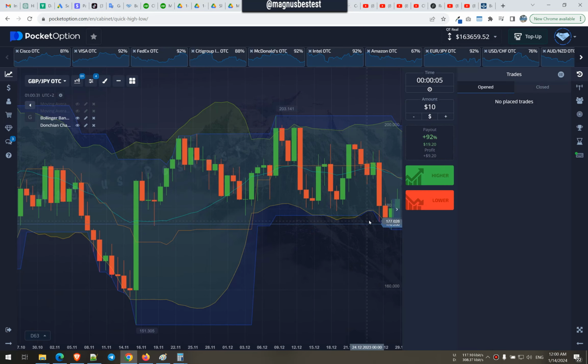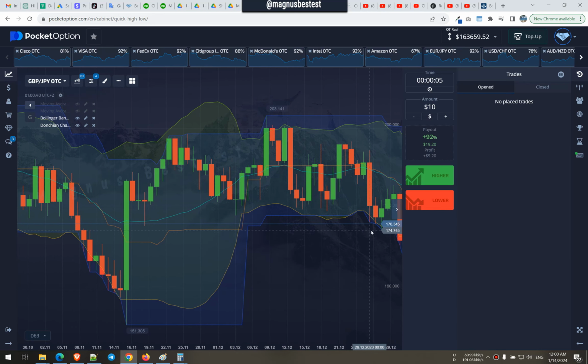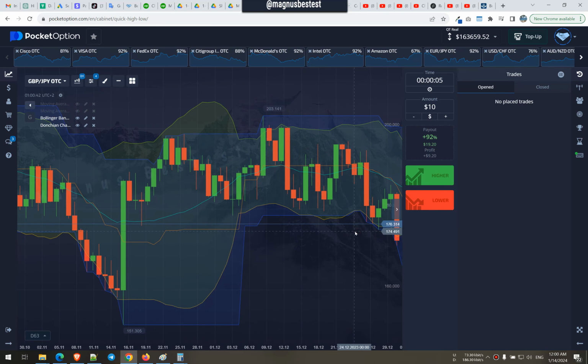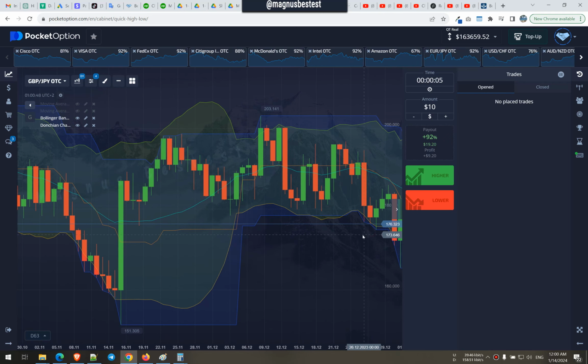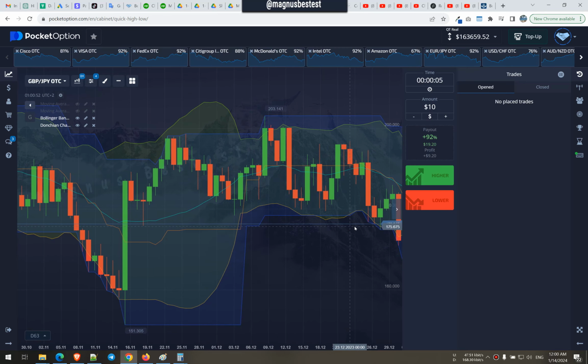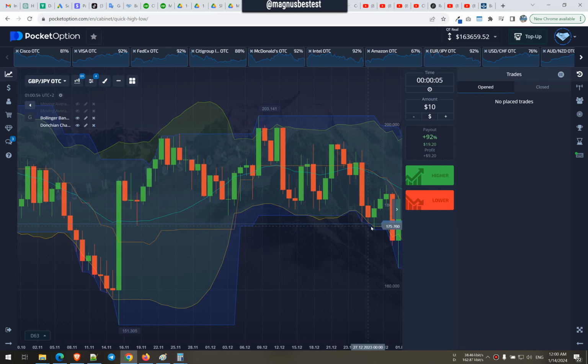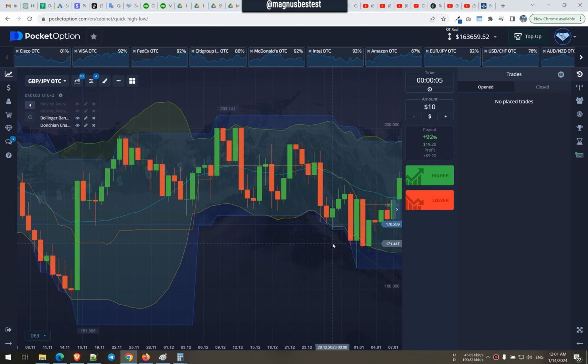And once it breaks, it can very much mean that we are breaking down to new, lower levels. It's like a breakout strategy. It's very probable that if we break the lows of the last 20 candles, we can go down even more. So this is the difference.